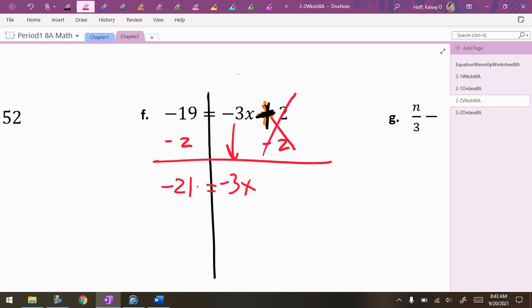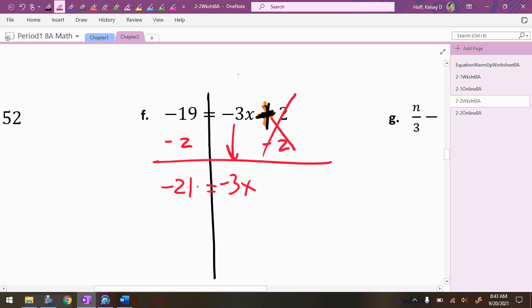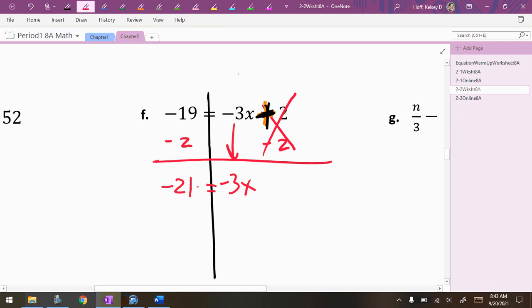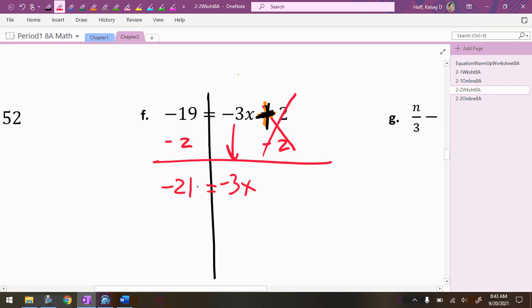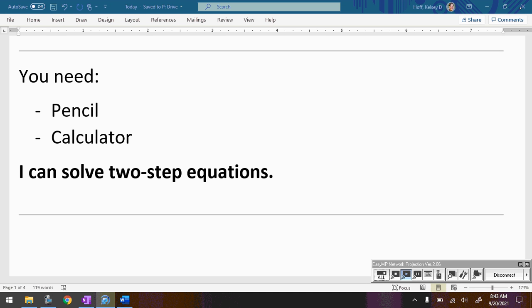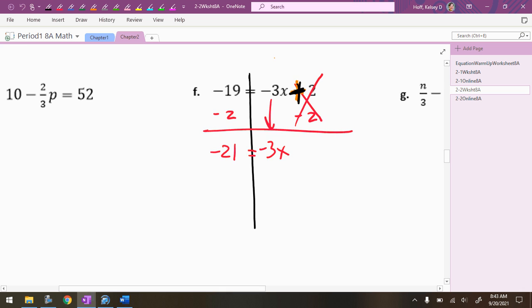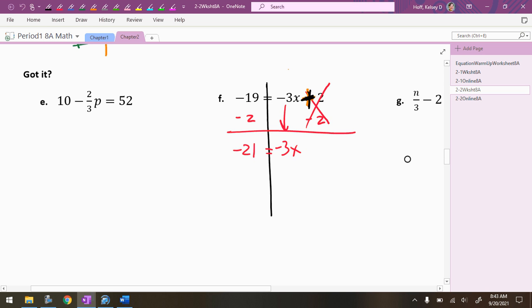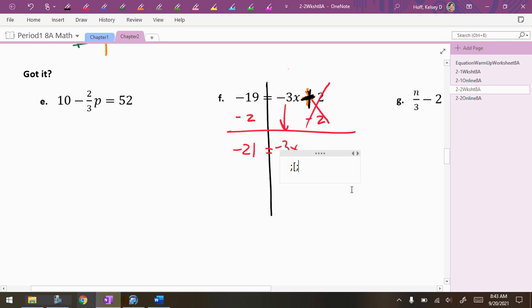I divide by negative 3 on both sides. X ends up being positive or negative? Positive 7. A negative divided by a negative is a positive.